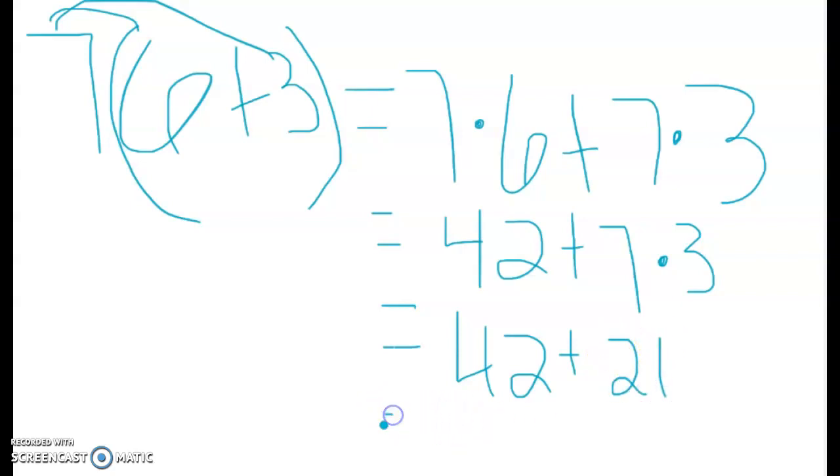Now we solve: 42 plus 21 is 63. Oh, that's a bad 6, let's redo that. 63. There we go. Those are some good practice problems.